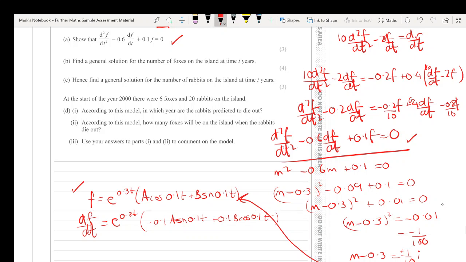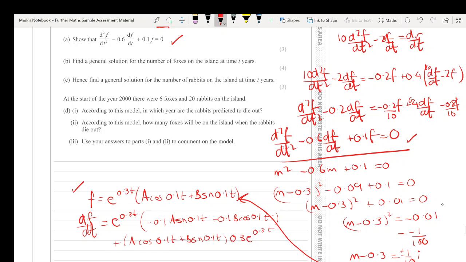That's first differential of second, plus second differential of first, which is 0.3e to the 0.3t. Okay, so that's what df dt is.